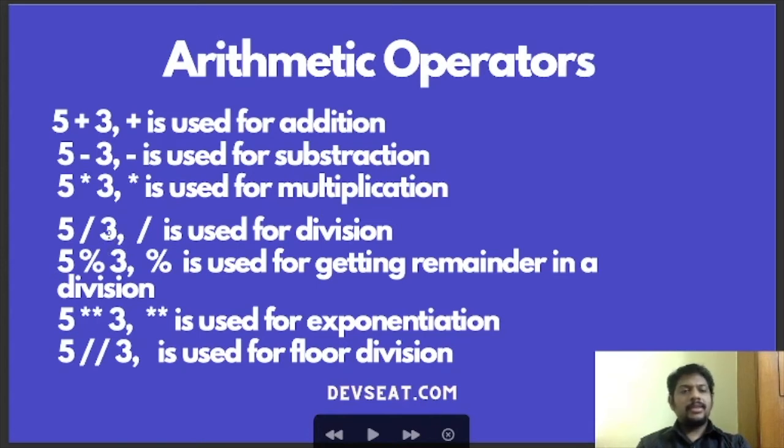For 1.66 the floor value will be 1. So that is what you get when you use double slash. 5 slash 3 will give you 1.66, whereas 5 double slash 3 will give you the floor value of 1.66, that is 1. That is why it is called floor division.